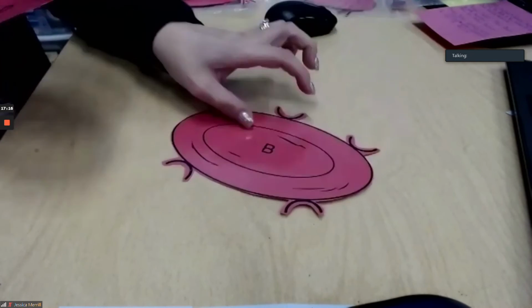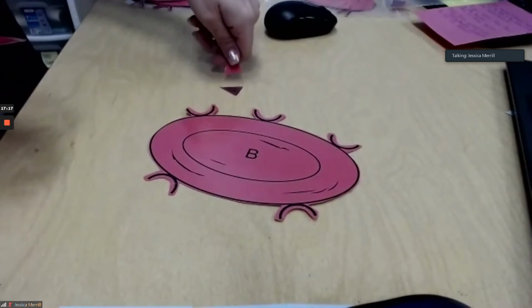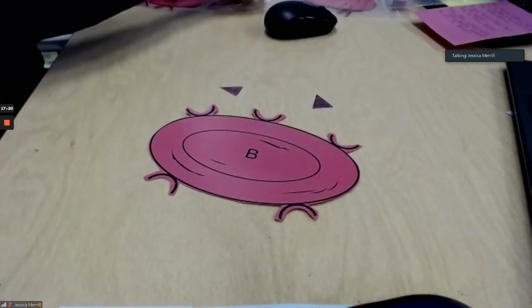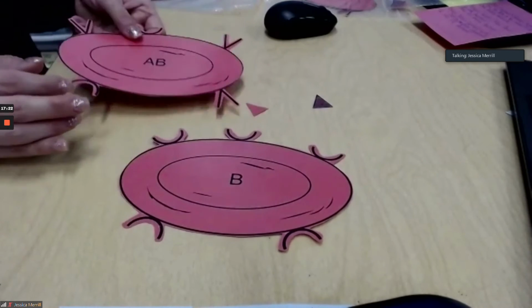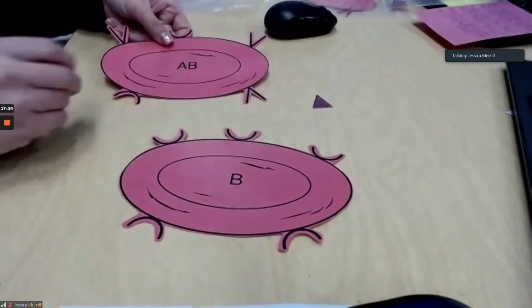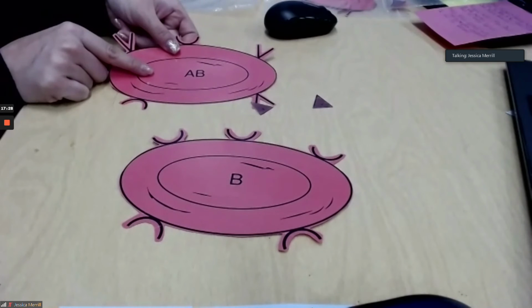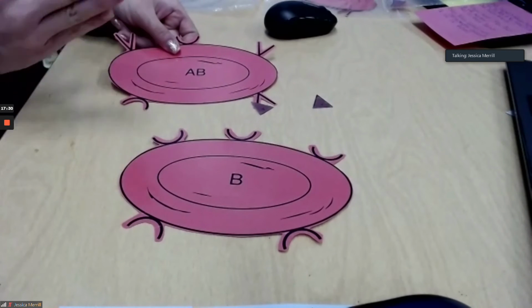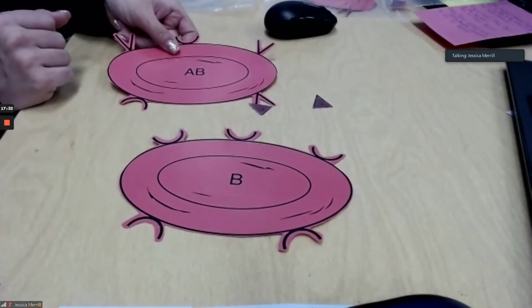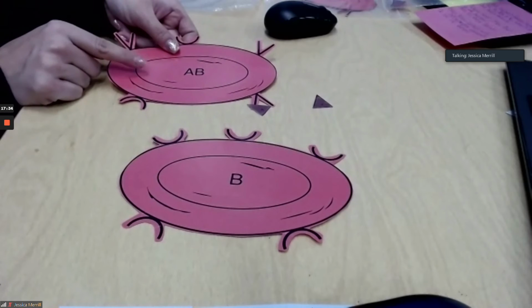Okay. Same thing goes with type B blood. Type B blood has A antibodies, so when AB tries to donate, the A antigens are going to be attacked. Really, type AB blood is not a good donor blood unless you give it to another type AB, because AB is the universal recipient.